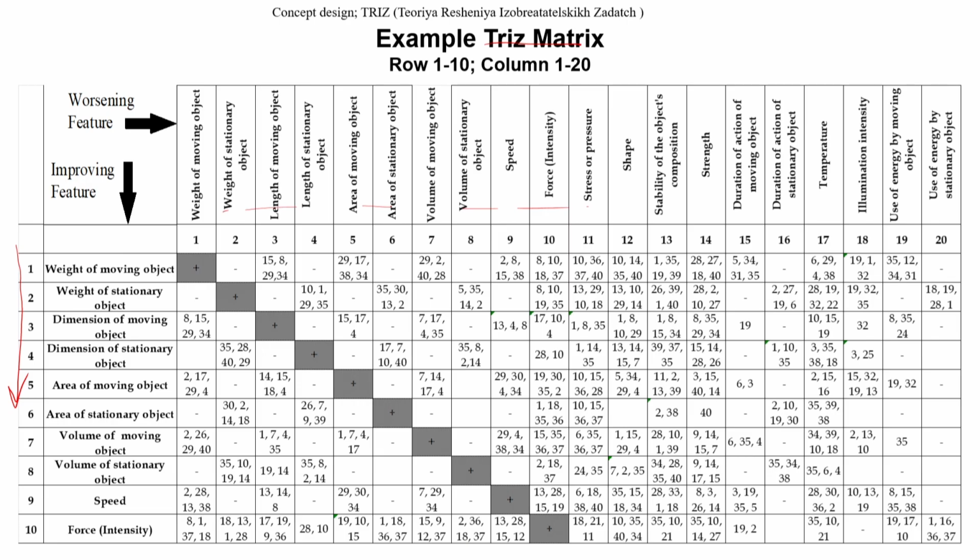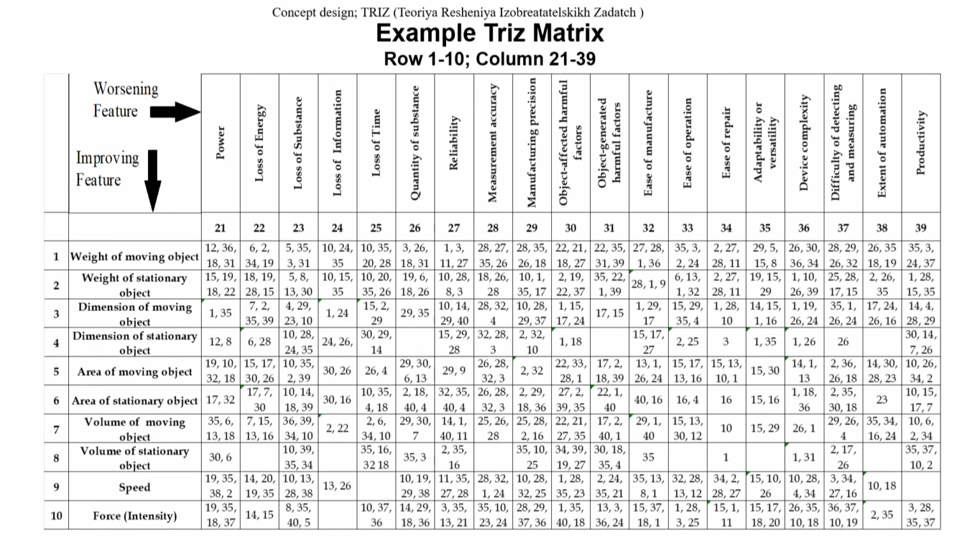So I am showing you the first 10 features and the 20 worsening features corresponding to it in the first slide, and then in the second slide the 10 versus the 21 to 39 features.